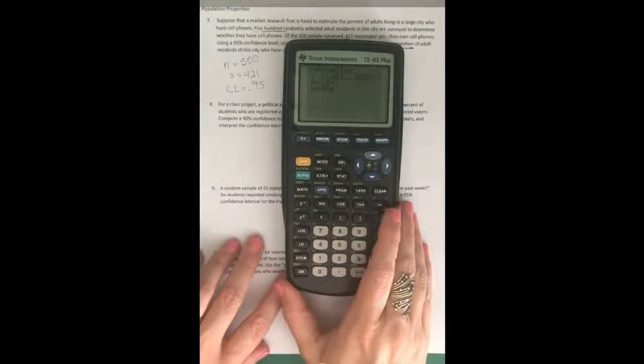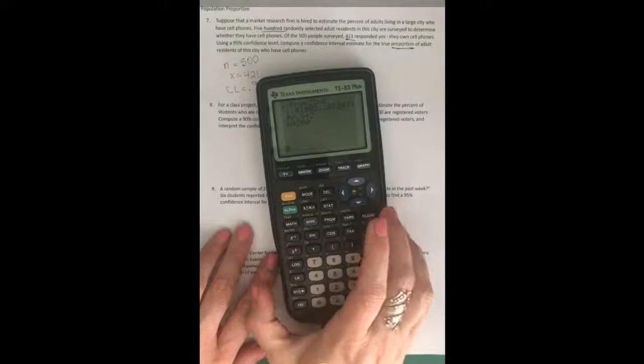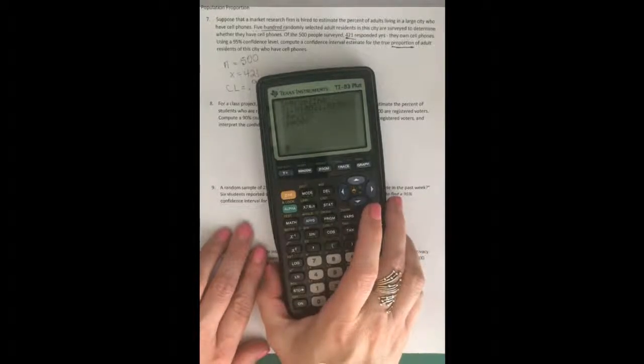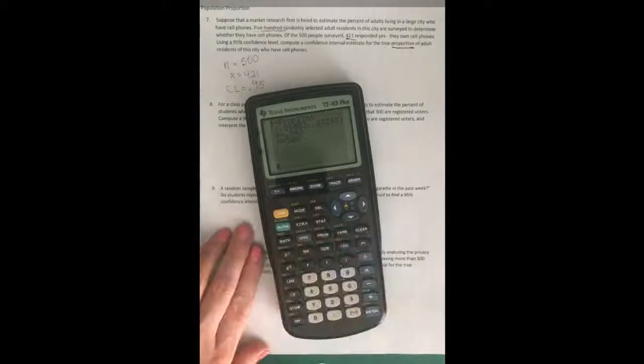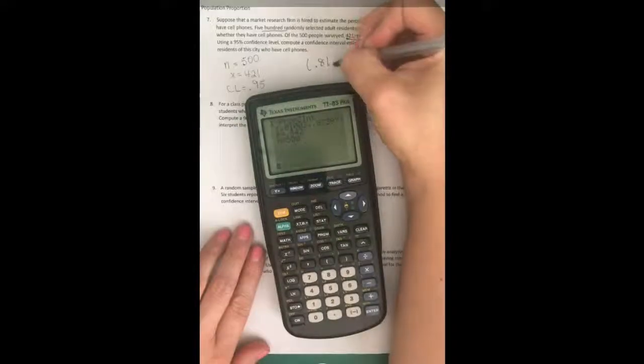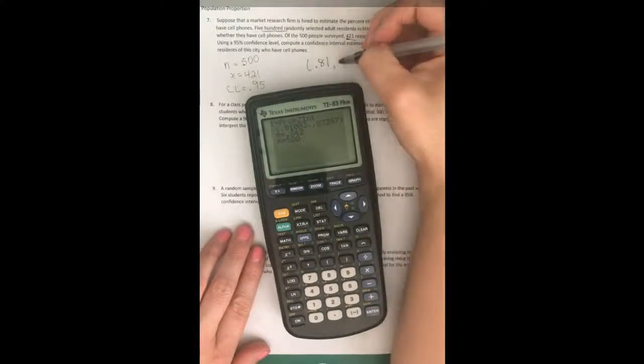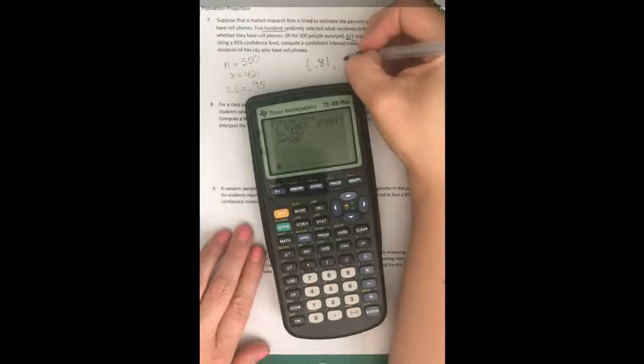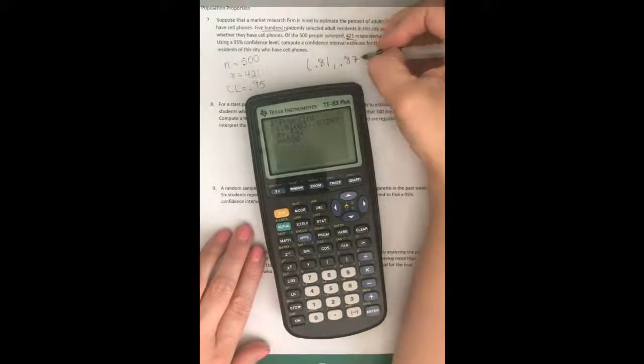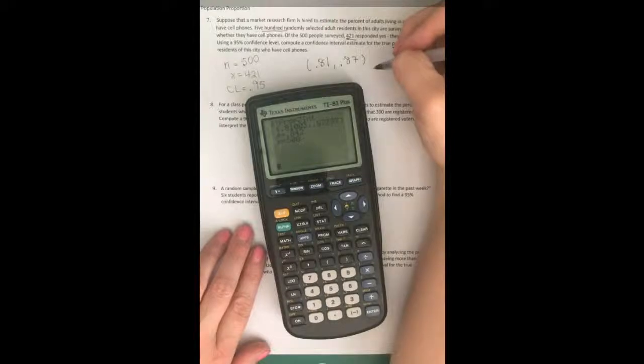We want to calculate that. So we can estimate with 95% confidence that between 81% and let's say 87% of all adult residents in this city have cell phones.